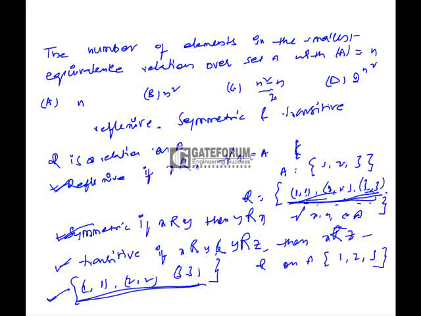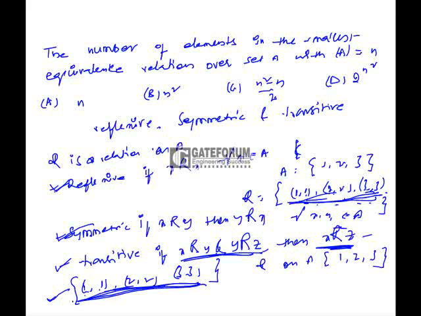Here this is reflexive, because all the diagonal elements are present, and it is symmetric. What is symmetric? If x relates to y, then y should relate to x. So this is also symmetric, and it is also transitive. If x relates to y and y relates to z, then x relates to z; if these two things are not there, then this need not be there.